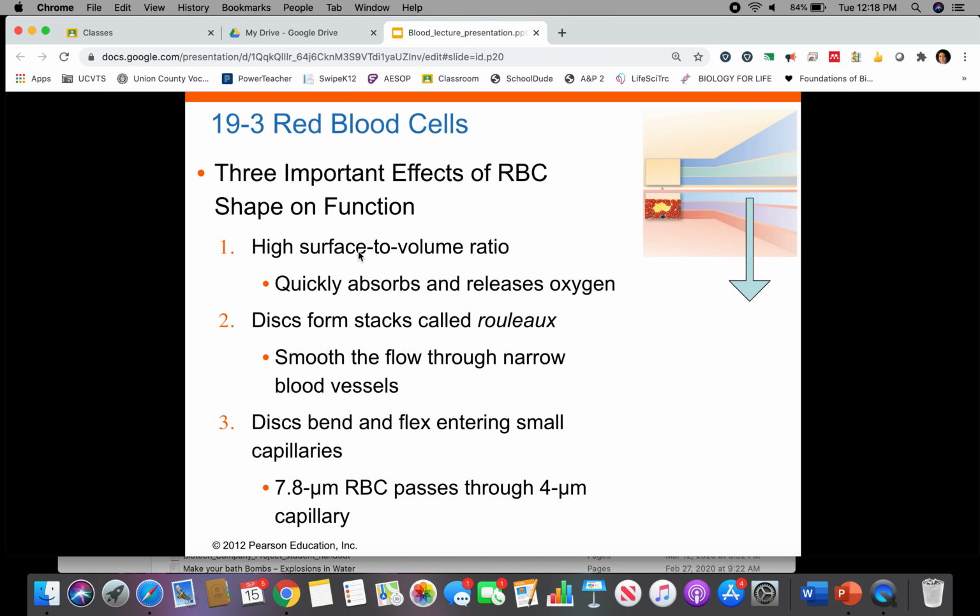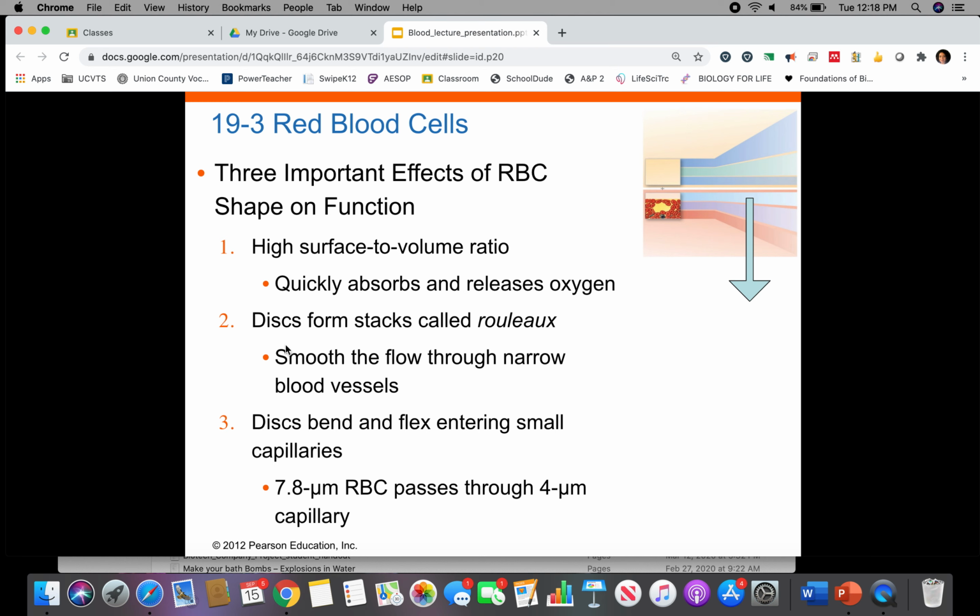It also is better than a sphere because the spheres are going to stick together or they may want to create clots. The discs form stacks which are called rouleaux, which will smoothly slide on top of each other through the blood vessels.